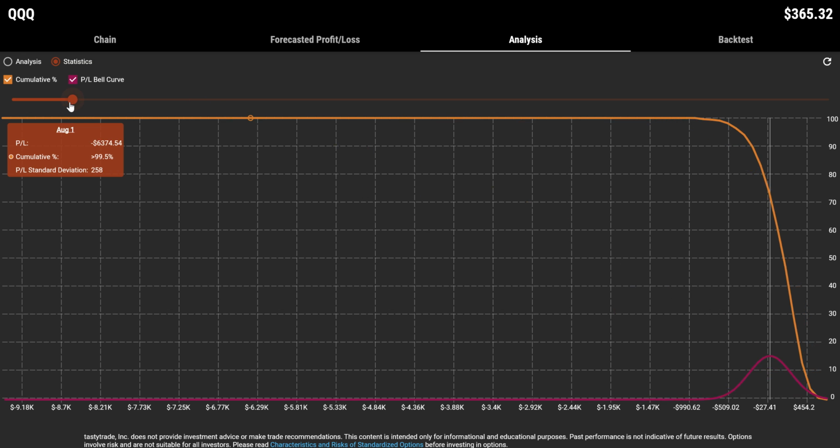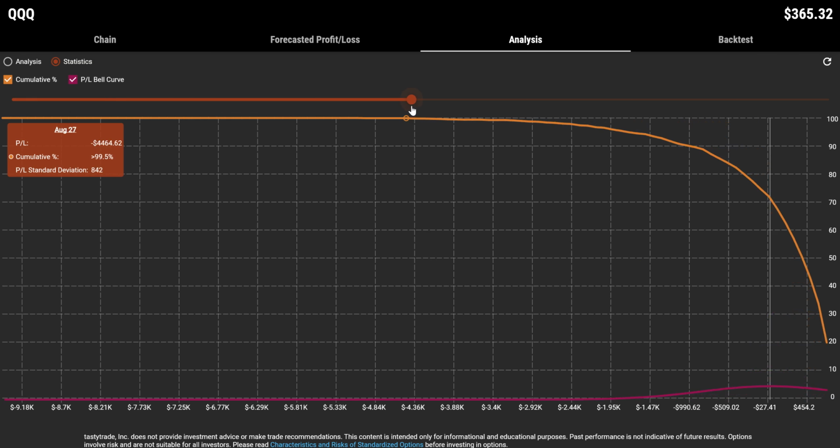So you can see that one day in, there's a pretty good chance it's going to be pretty tightly wrapped around wherever you sold it. And as you go out in time, depending on what the NASDAQ does, it's going to either move closer to full expiration or full profit, or it could be further down. And then this cumulative percentage is the percent chance that you're at basically this number or to the right.